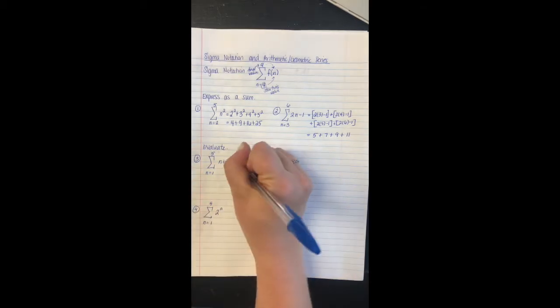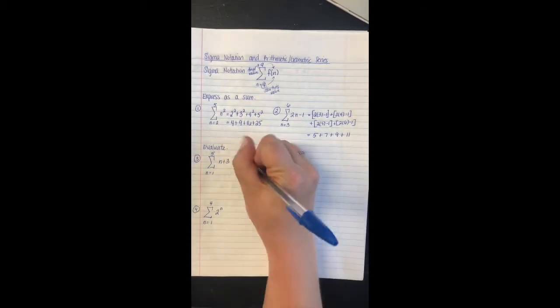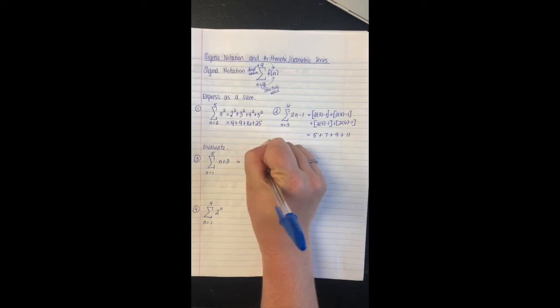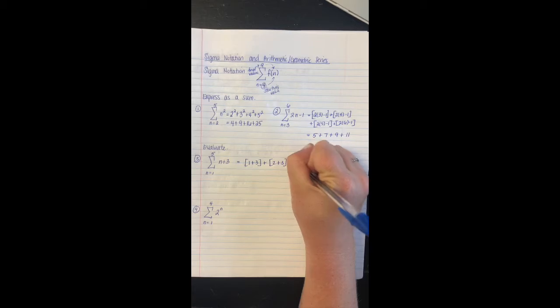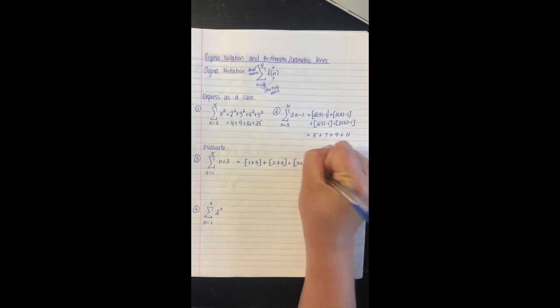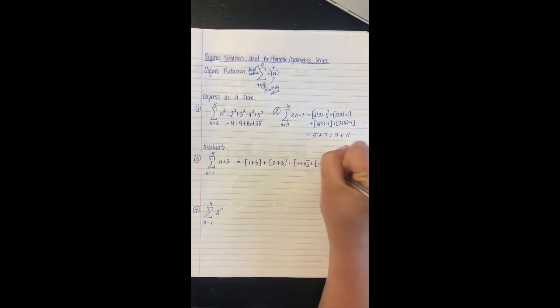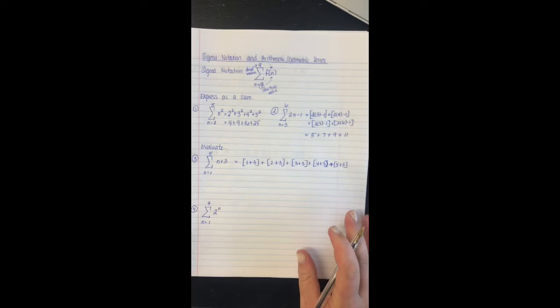And I'm going to actually show you both by doing it, how to do it by hand and how to do it in the calculator. So if I have something like n plus 3, I'm going to be adding 1 plus 3, 2 plus 3, 3 plus 3, 4 plus 3, and 5 plus 3. Right now you're not just writing it as a sum, you're actually going to evaluate this.